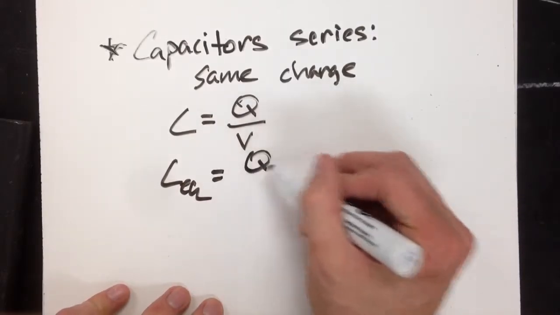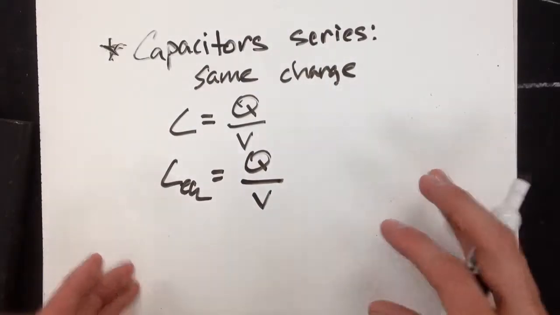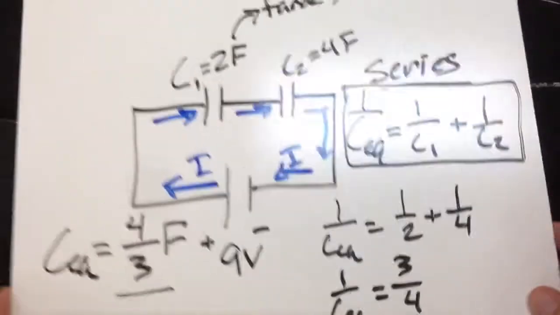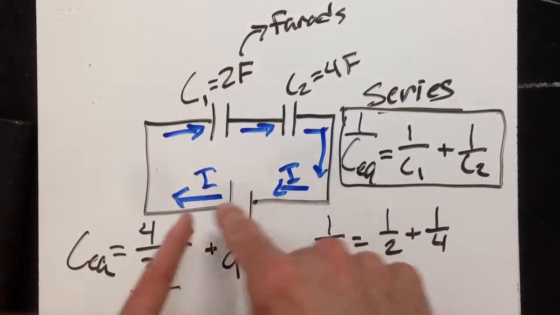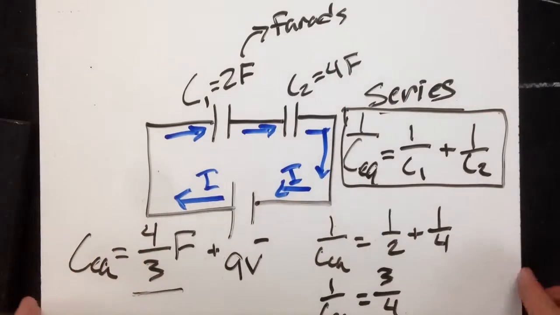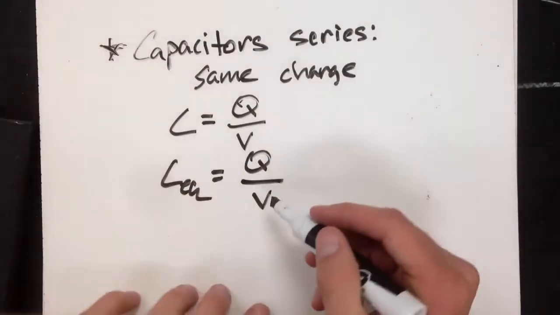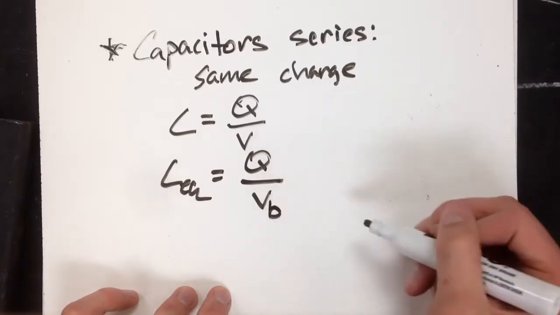Now, I don't know the charge on each capacitor, but I know the voltage across the entire circuit. If we look back, our voltage is 9 volts, which means it's kind of like I start with 9 volts, I have to end with 9 volts. So our voltage across the entire battery is 9 volts.